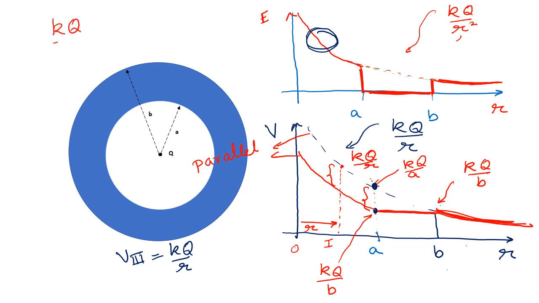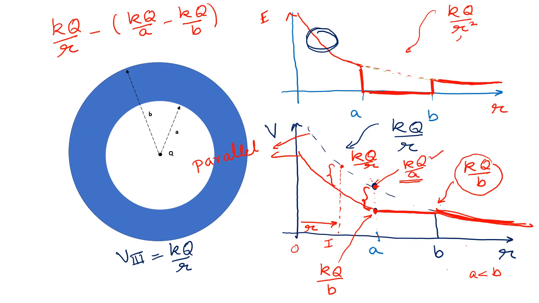It is KQ by r minus this distance, which would be KQ by A minus KQ by B. If this conductor was not present, the potential would have been KQ by A. But now, because the conductor is present, the potential has dropped to KQ by B. Again, remember A is less than B, so this term is greater than that term.